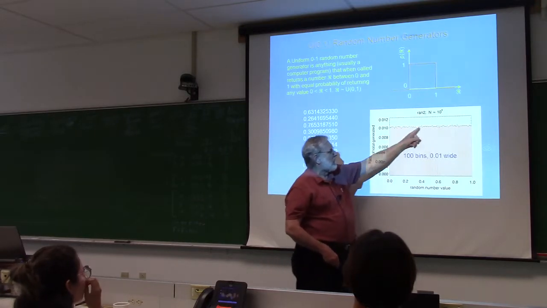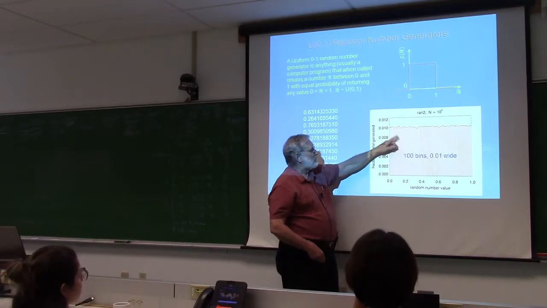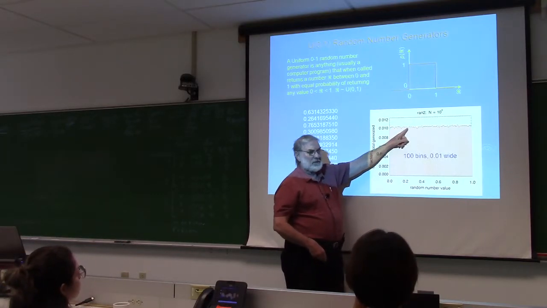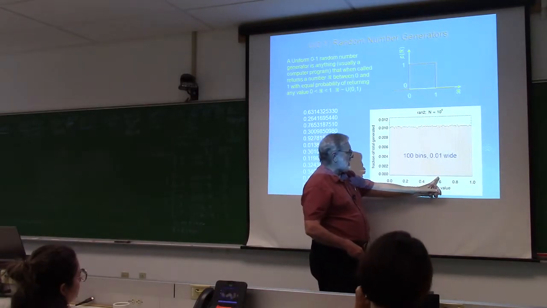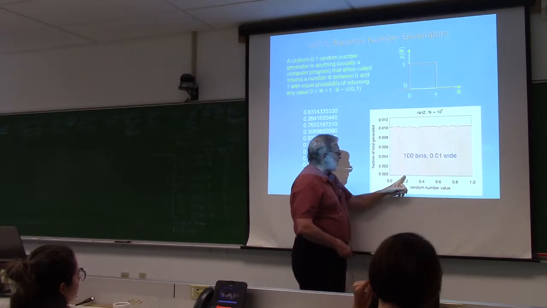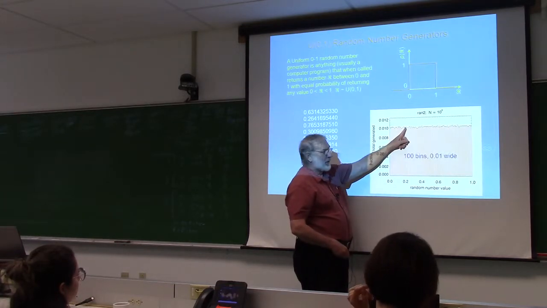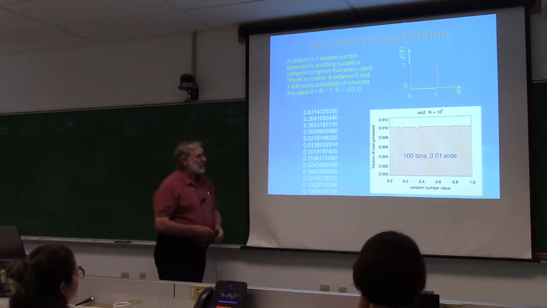You can see it's fairly uniform across here. The more numbers you generate, the straighter this line will become. But there's just as much chance that I'll get a number between 0.6 and 0.61 as there is between, say, 0.2 and 0.21. So that's what a random number generator looks like.